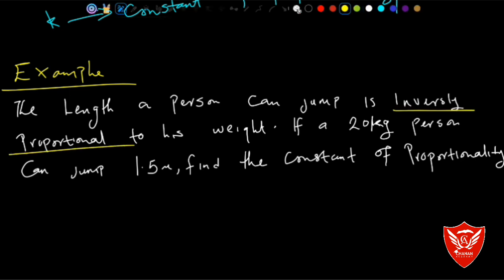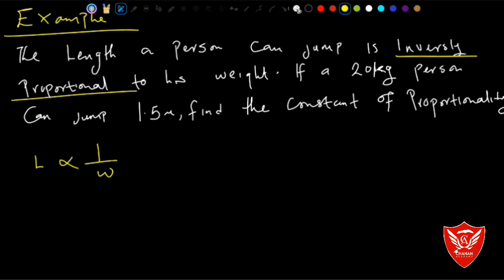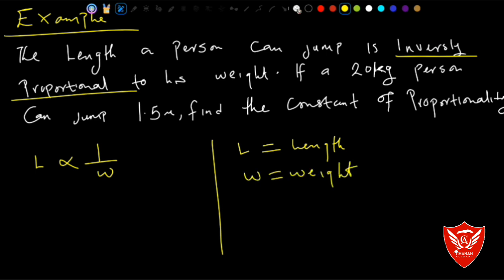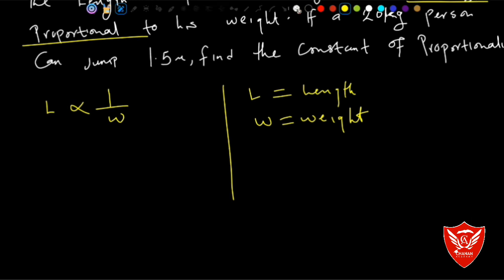Let's say the length is L and the weight is W. So the length is inversely proportional to W. Note, L is equal to length, and W is equal to weight. Now if we introduce the constant of proportionality, L is equal to K over W.